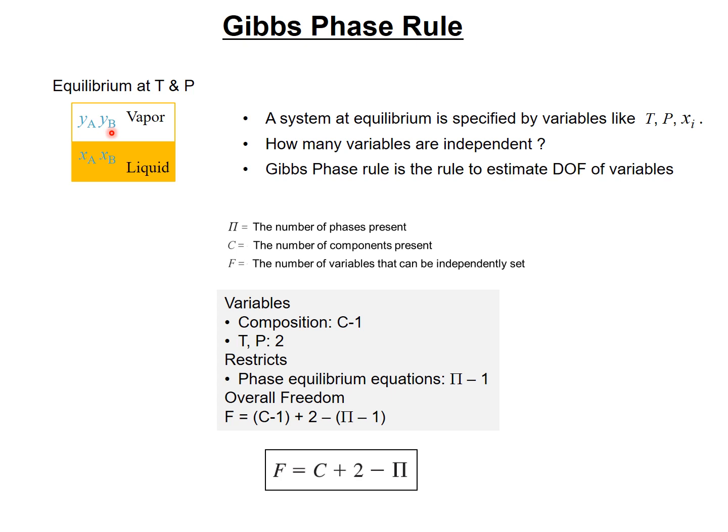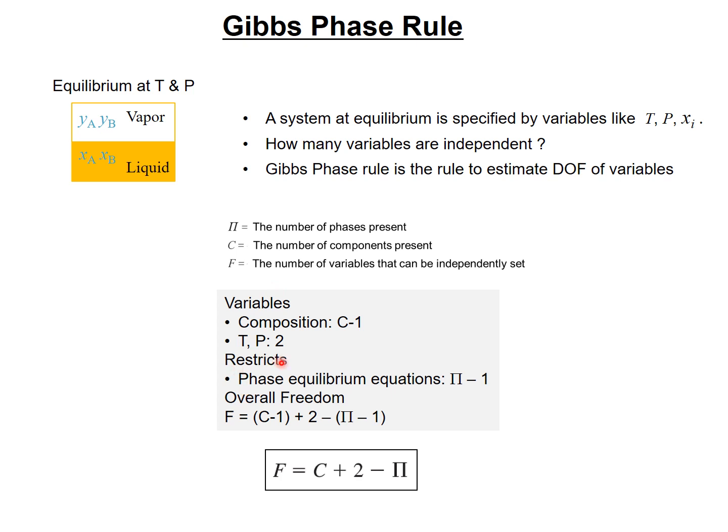If you have 5 species, then the independent compositions are 4. So C minus 1. That is the variable. So in total, the number of variables is C plus 1.